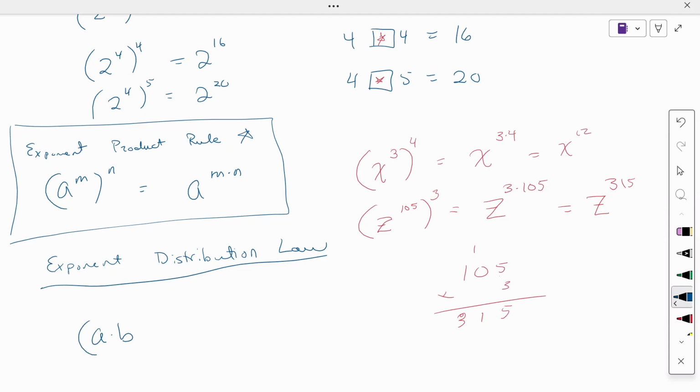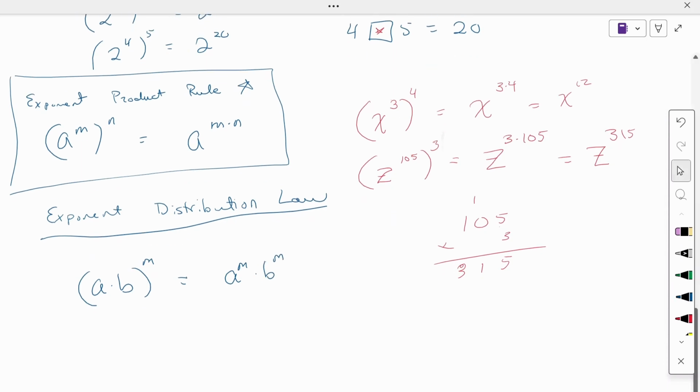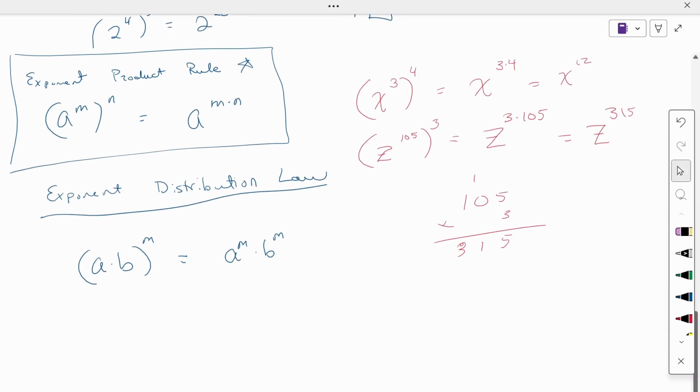Now on to the exponent distribution law. So whenever you have two or more numbers and you raise it to a power, what happens is that each of these numbers effectively gets raised to a given power. And another fun fact is that this applies when numbers are straight out multiplying with each other.